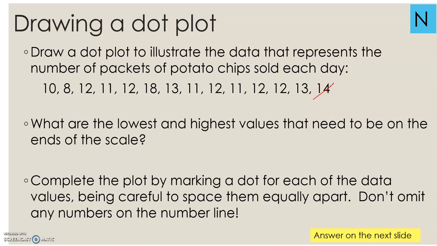And then I count how many other 14s there are. There's no more. And then I move on to the next one. So if I'm doing 13, let's say I do 1, 2, and that's it. So there's 2 dots that go on 13 on my number line. And then answer these questions. The answer is on the next slide. So at this point, I need everyone to pause the video, give it a try before you see the answer.